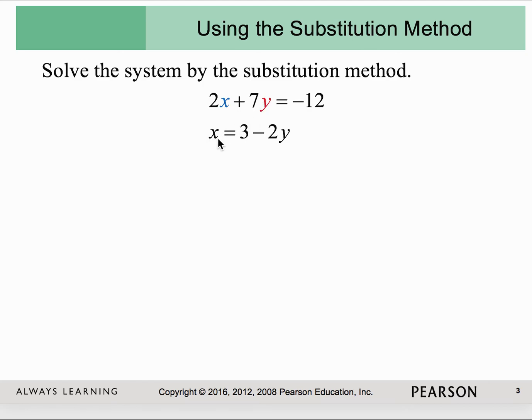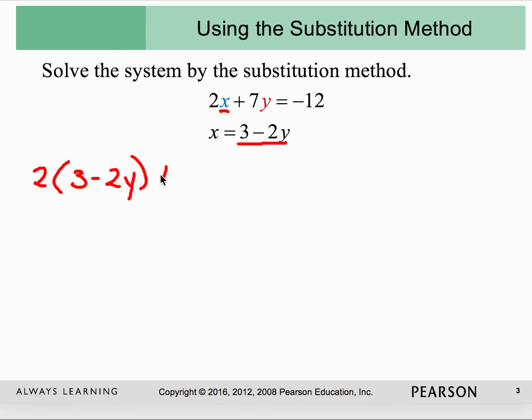But if I know that x equals 3 minus 2y, let's change that x to 3 minus 2y. It's the same thing, right? x is 3 minus 2y. So I'm going to take this original problem, I'm going to say 2, but instead of times x, I'm going to say times 3 minus 2y, because x is 3 minus 2y.